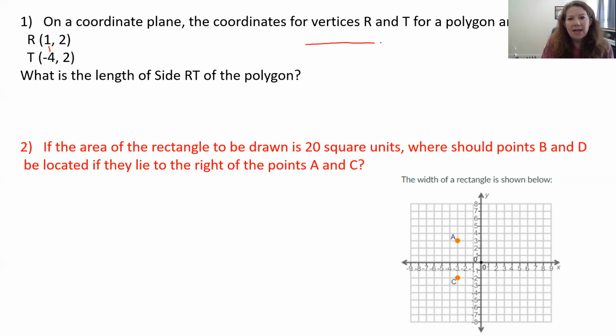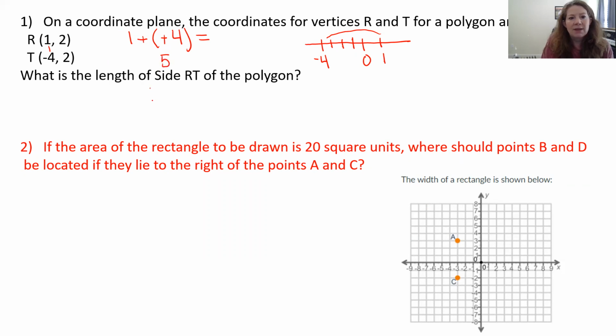So let's say I have a number line, and here's 0, and here's 1, and here's -1, 2, 3, 4. So how many spaces apart are 1 and -4? Well, I would go 1 space to get to 0, and then I'd have to go 4 more spaces, which means the difference between 1 and -4, when I see minus the negative, I'm actually going to add.